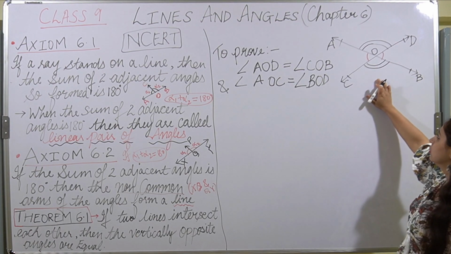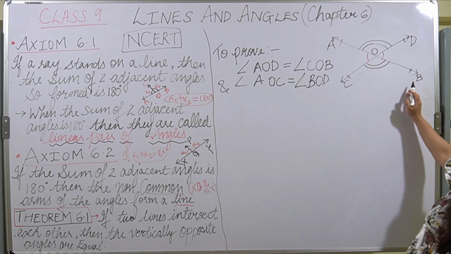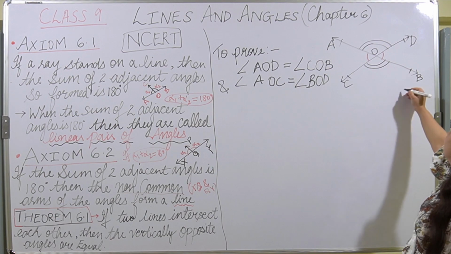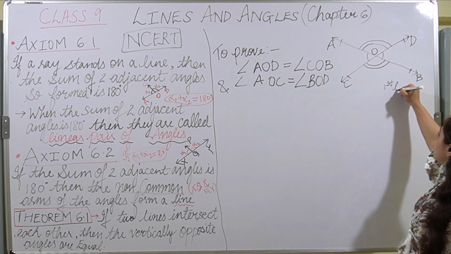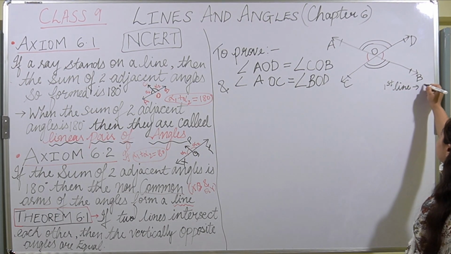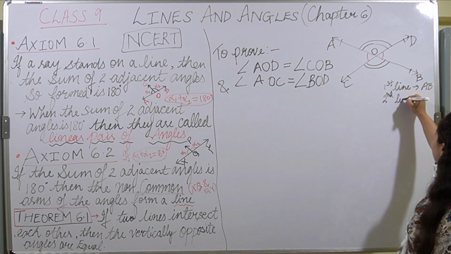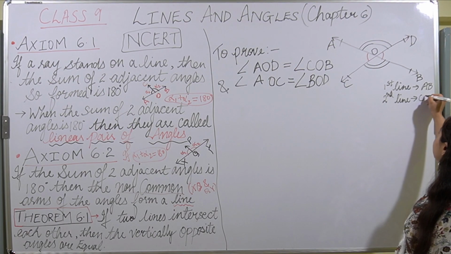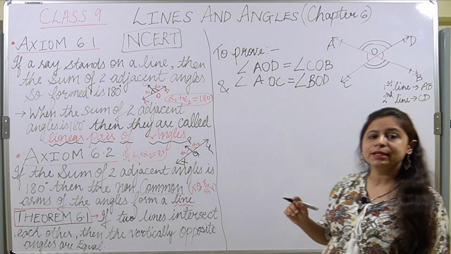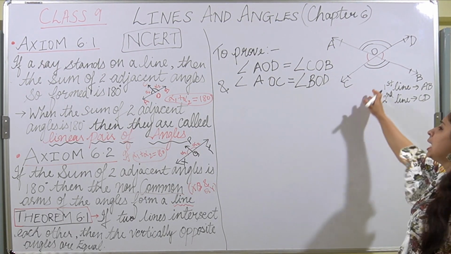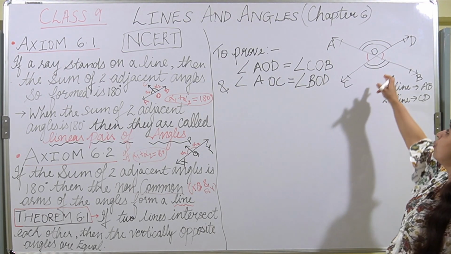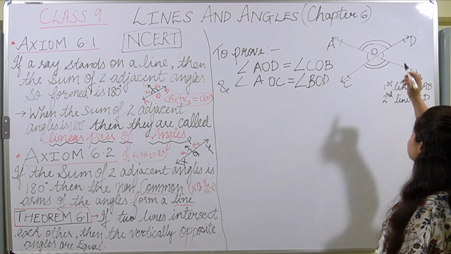So these are two intersecting lines. The first line is AB, and the second line is CD, and both the lines are intersecting, so they are forming opposite angles.